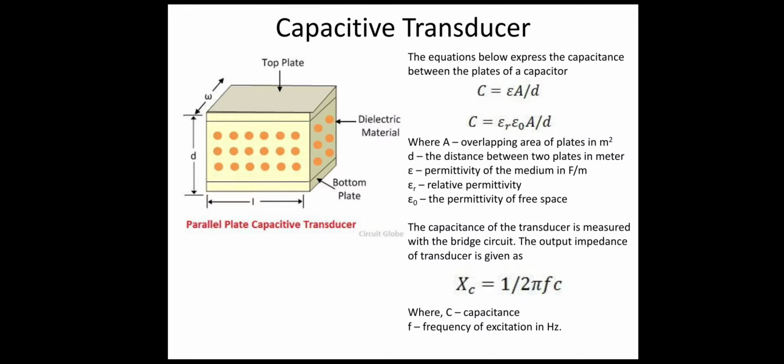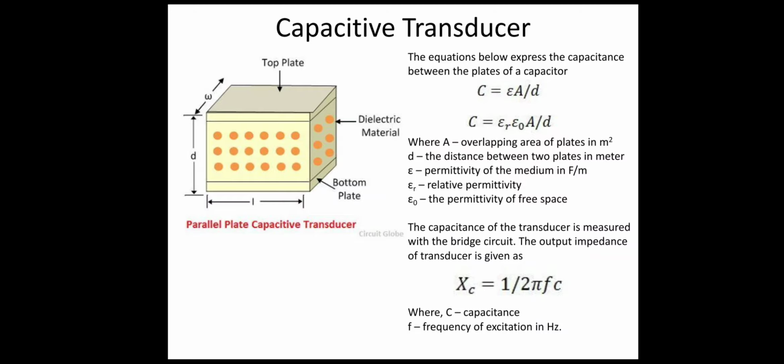So next are the capacitive transducers, and in that we have the equations, which we use for these sensors. The capacitive type of sensor is a versatile one, and it is available in different sizes and shapes.